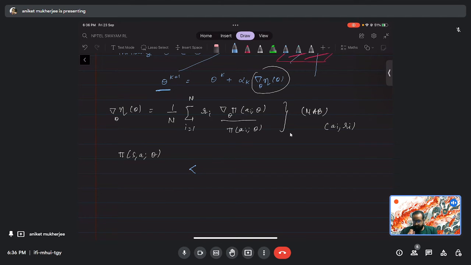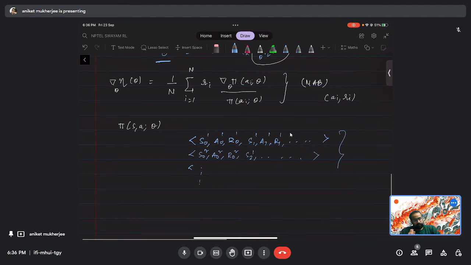First you have S0, A0, R0, S1, A1, R1, and so on. The subscript i says which trajectory it is. So I have a set of these trajectories, all the trajectories.